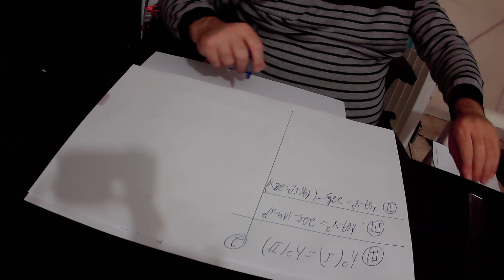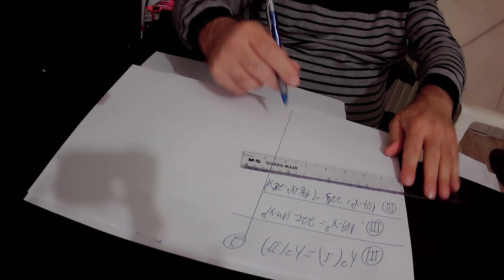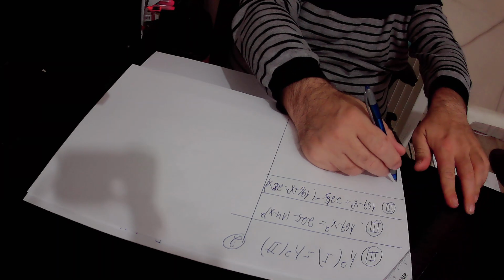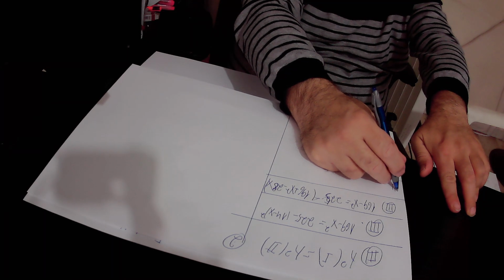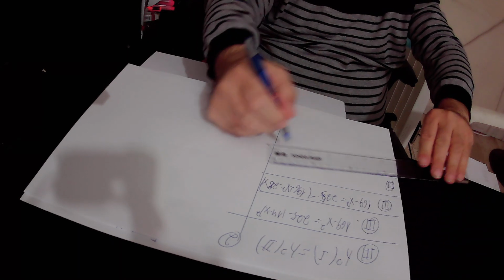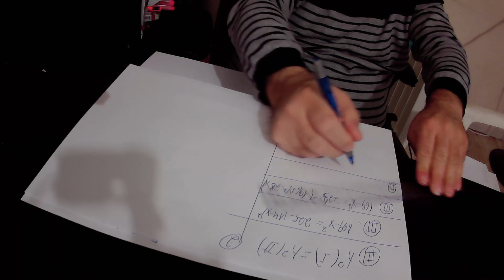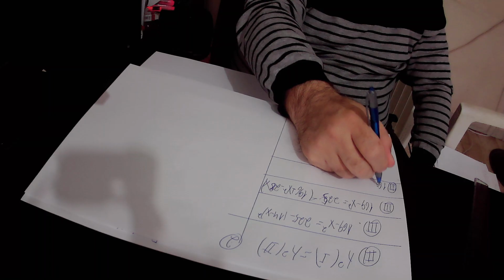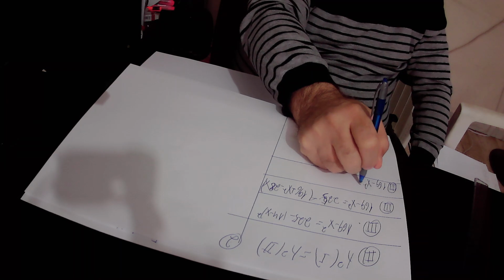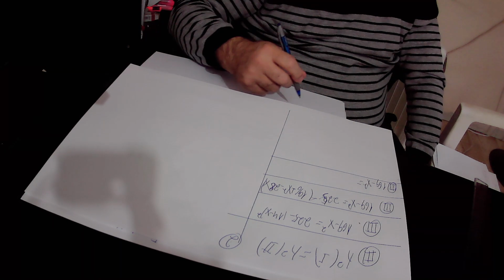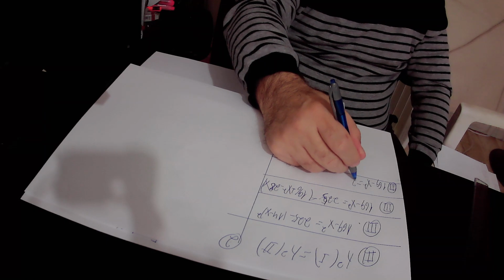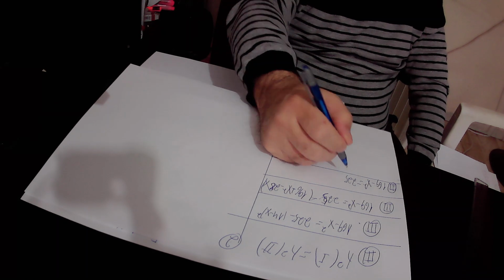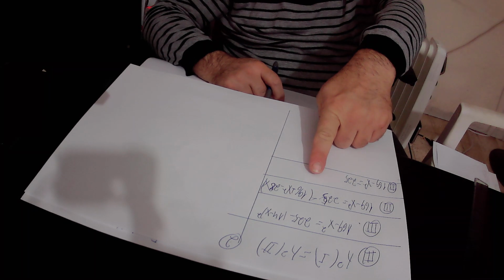So in conclusion, we found out that according to equation number 3, 169 minus x squared equals 225. Here we'll open the brackets.